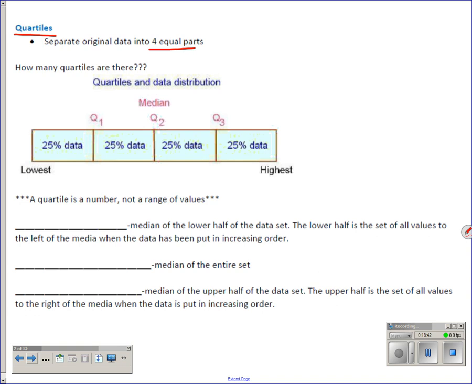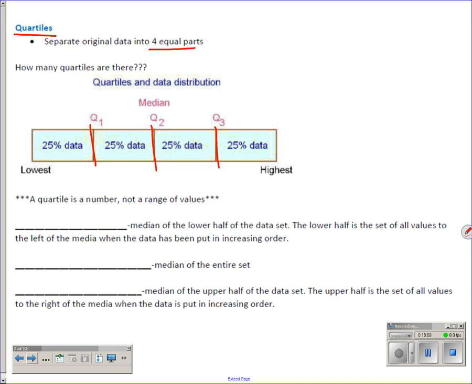What I mean is, you take 3 numbers, Q1, Q2, and Q3, and it's going to divide the data into groups that have the same amount of numbers in each. So if I had 20 numbers in my data set, I would have 5 here, 5 here, 5 here, and 5 here. That's what a quartile does. It divides them into those groups.